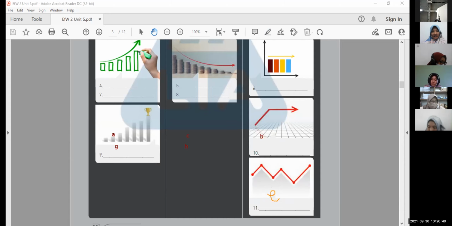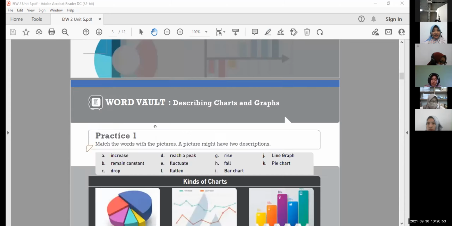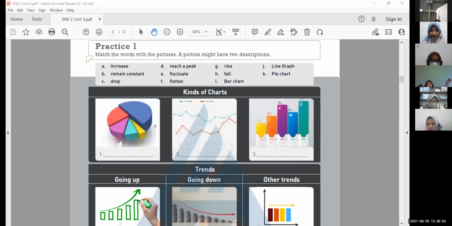And these terms, we usually use them to describe our chart. So you can say, for example, this year the sales keep fluctuating, right? From January, February, March, April, and then starting from May, it reaches the peak.